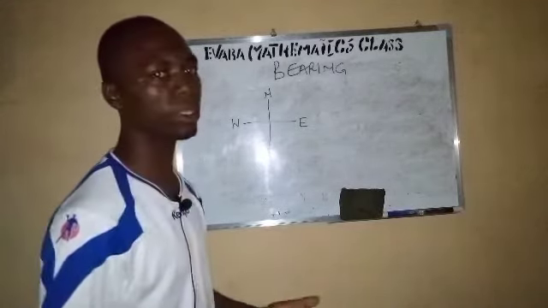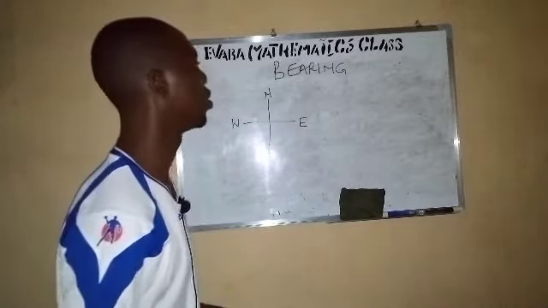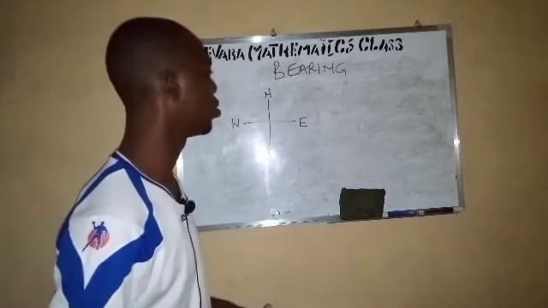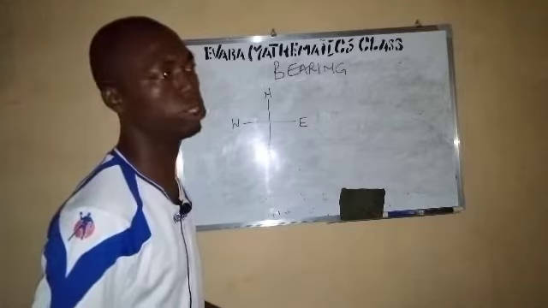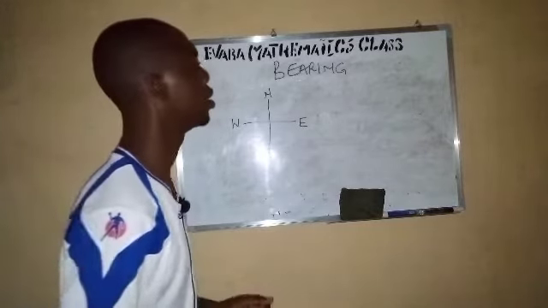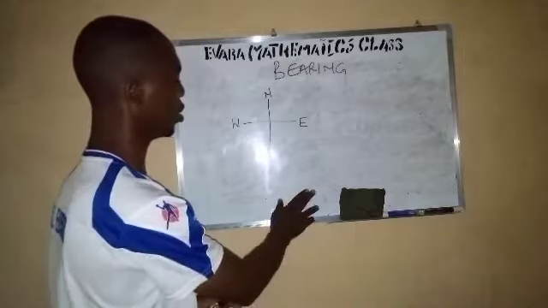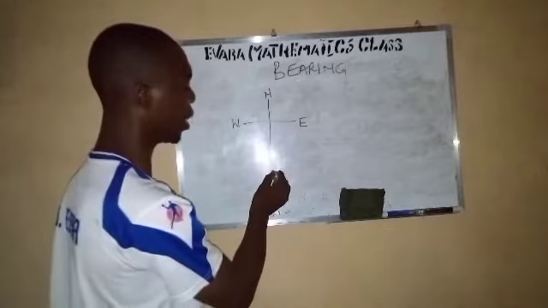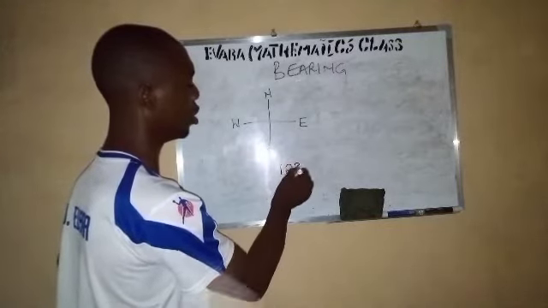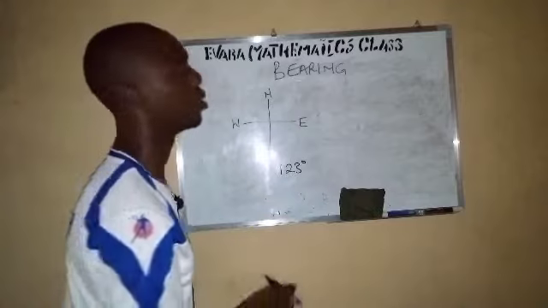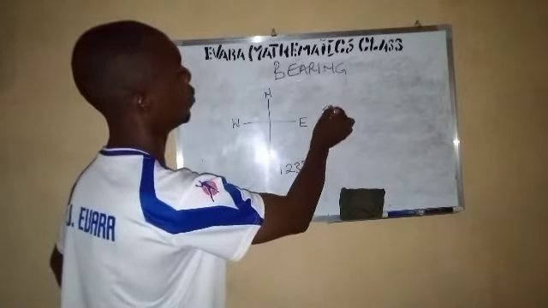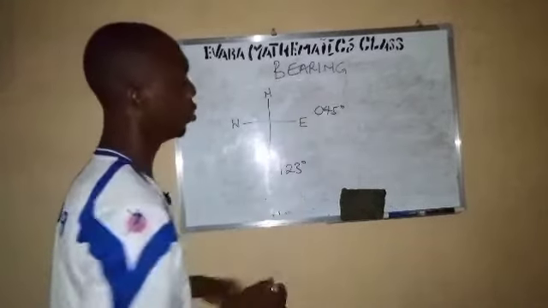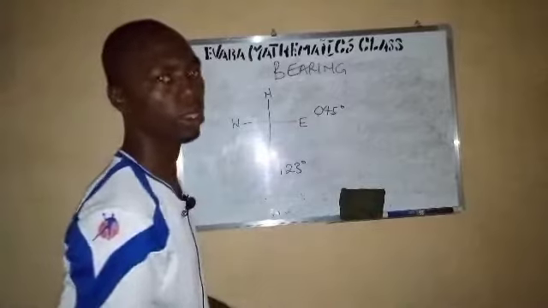We can present bearing in 2 forms: either Threefigure Bearing or Acute-angled Bearing, which some people refer to as compass bearing. The Threefigure Bearing is the type that contains 3 figures, as the name implies. Like if you have 123 degrees, this is a Threefigure Bearing. If you measure a bearing and it's 45 degrees, to present it in 3 figures, you put 0 so that the digits will be 3.